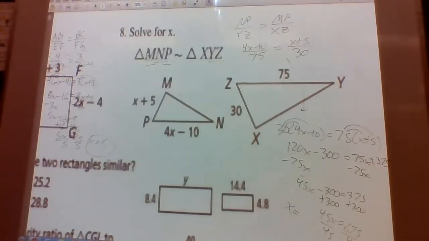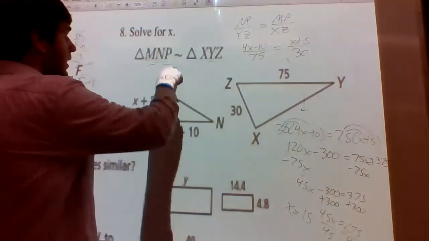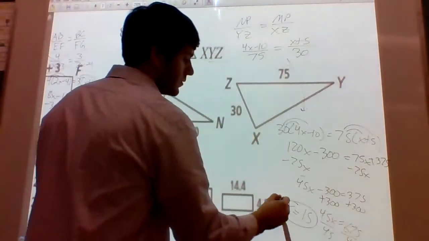Calculator. 675 divided by 45. It's 15. Okay. Solve for x, that's our solution.